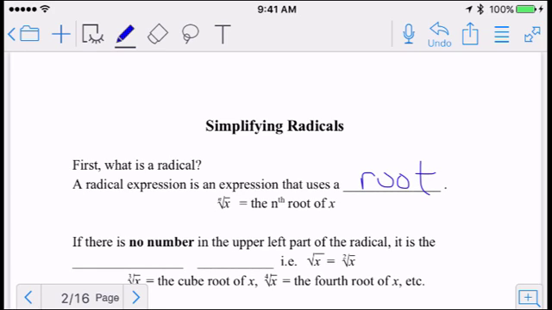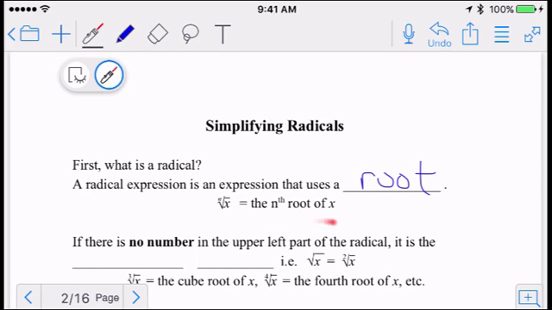And what we mean by root are these little guys down here, where you see the little symbol that looks like a check mark. If there is a number up there, like this little n here with the root, that's the nth root of x.